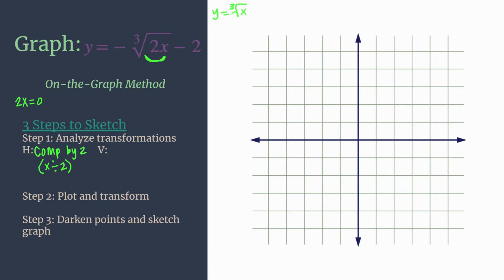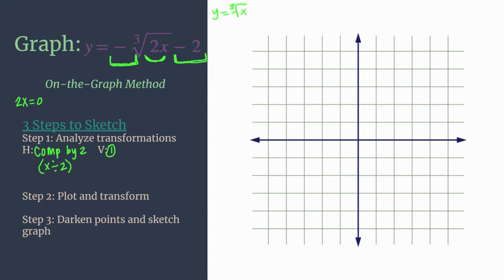These will only affect our y coordinates, and we can see we do have multiple here, this negative, understood -1 out front, and this -2 at the back. Okay, so we do need to be conscious of the order we apply them. Remember, our vertical transformations should always be applied in PEMDAS order, so the multiplication will come before the subtraction.